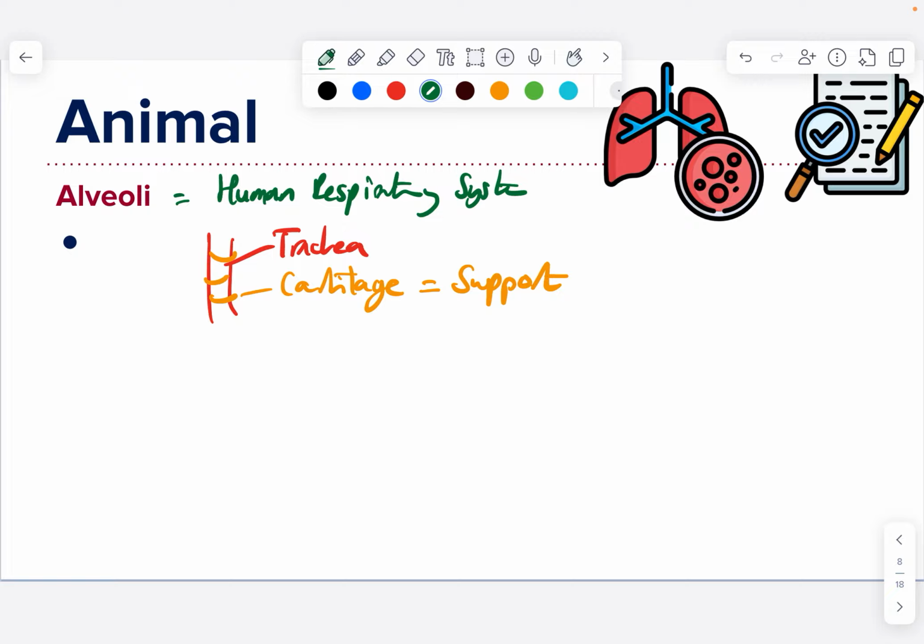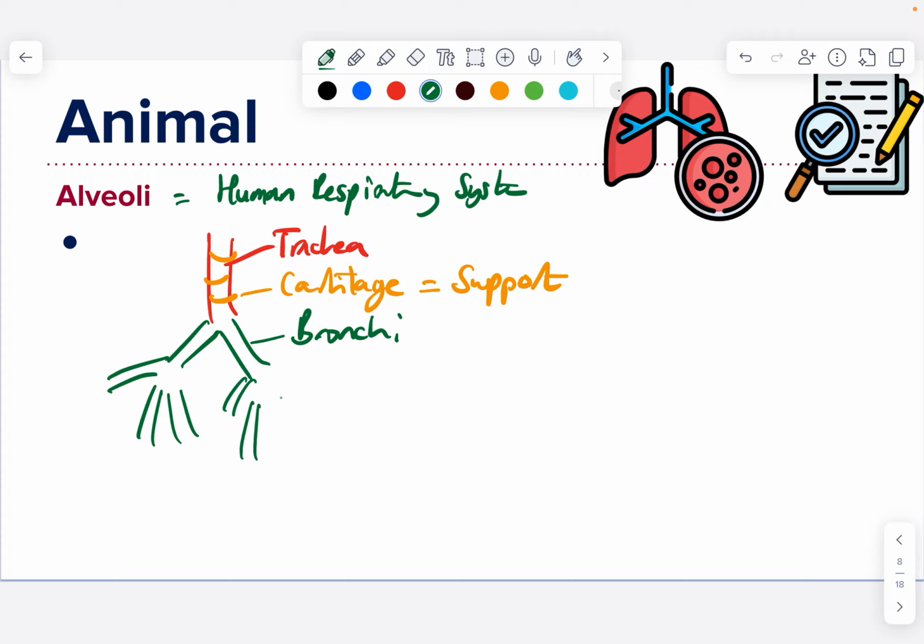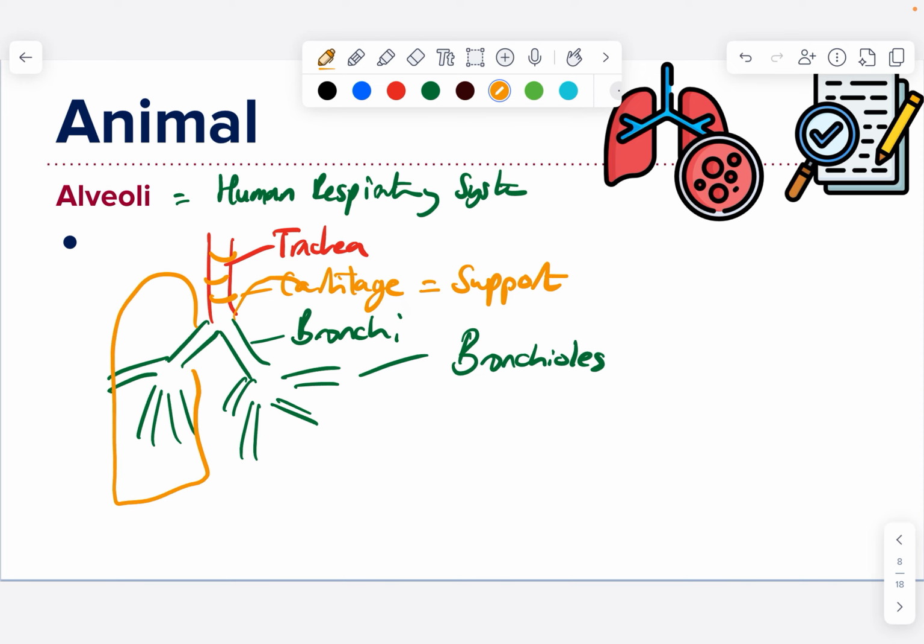The trachea then splits into two bronchi, and the bronchi split into lots and lots of bronchioles. They, of course, then are my lungs.